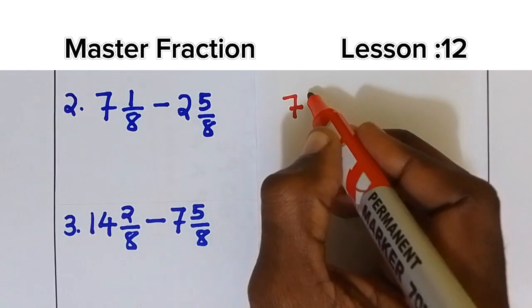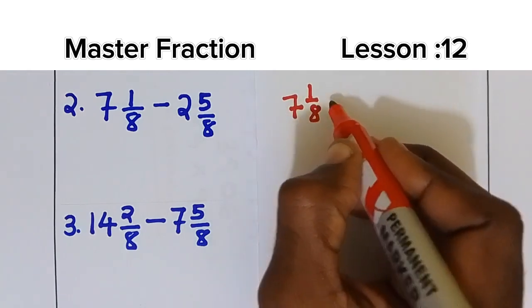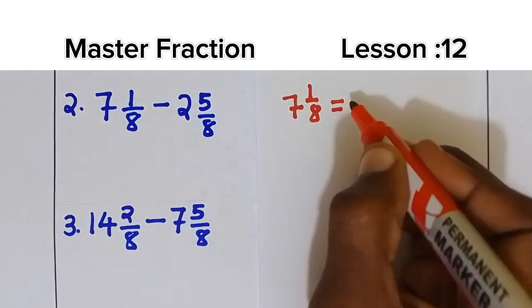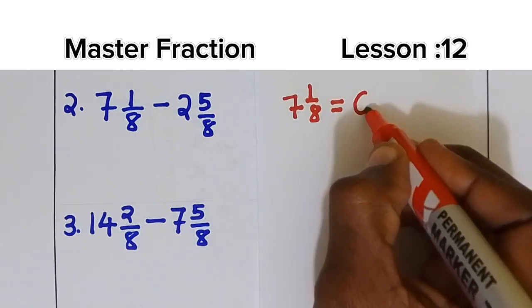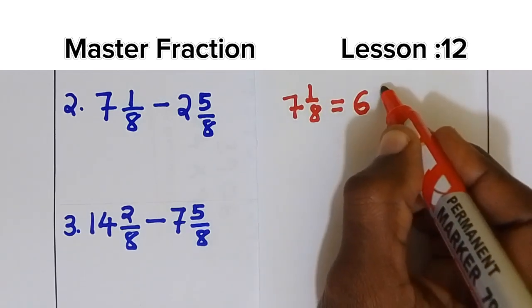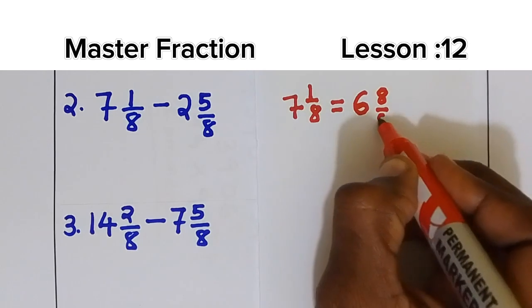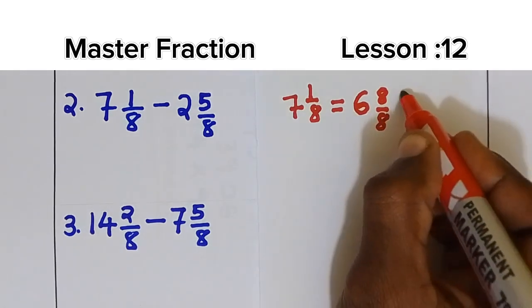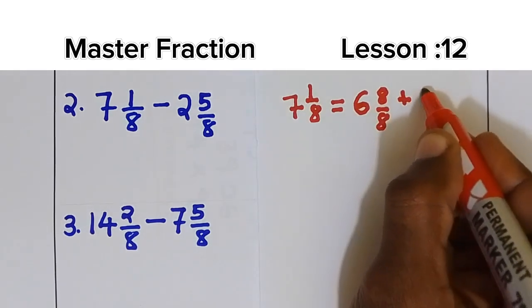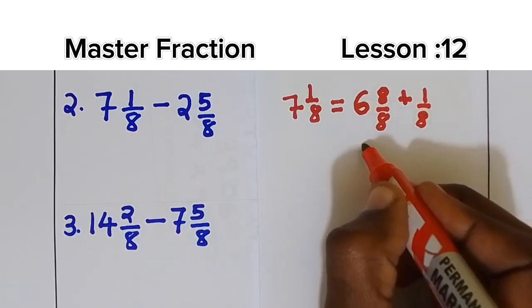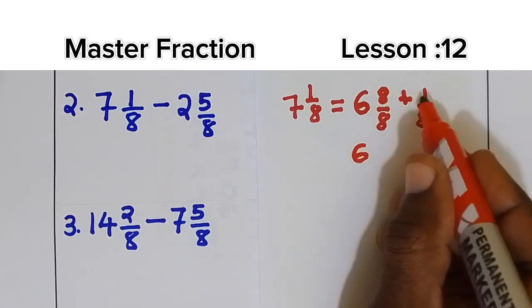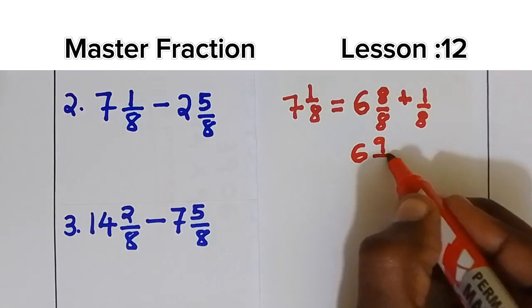7, 1 over 8, this is the same as, I borrow 1 from 7, going to remain 6, and the one I borrow is the same as 8 over 8, then I'm going to add with 1 over 8, which now I'm going to get 6, 9 over 8.